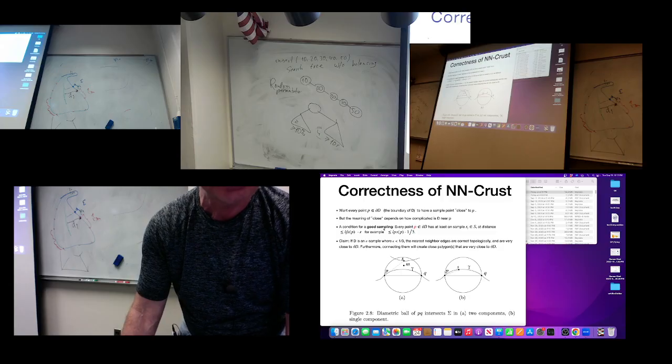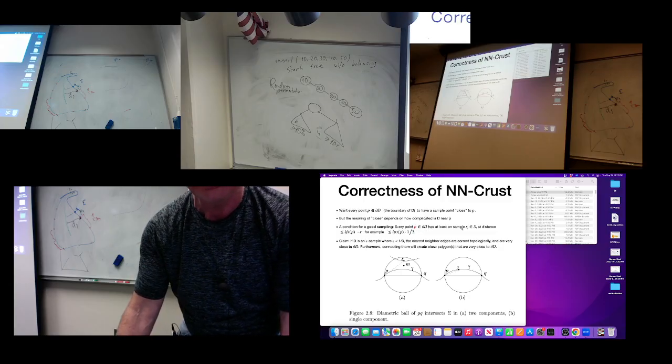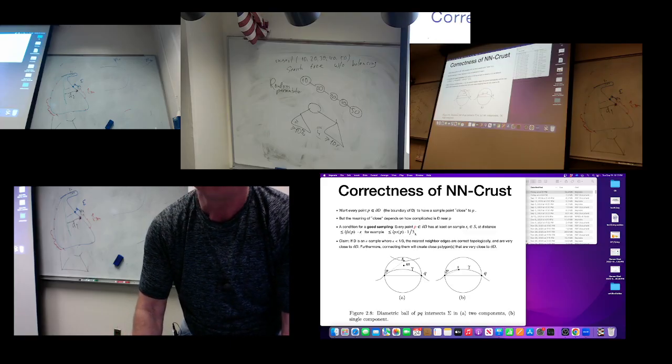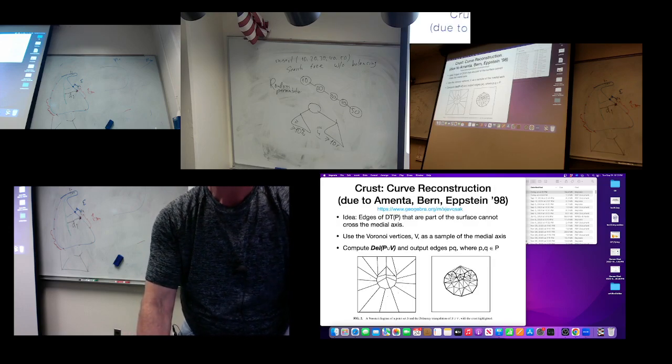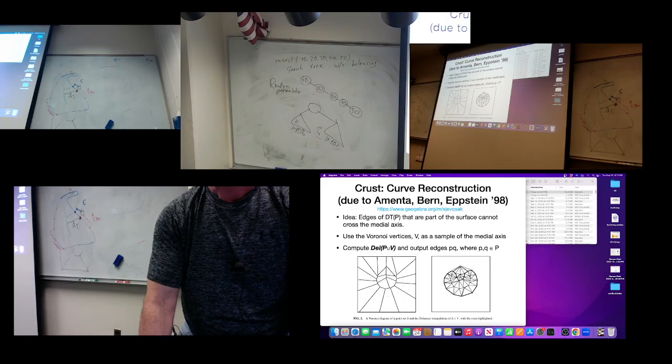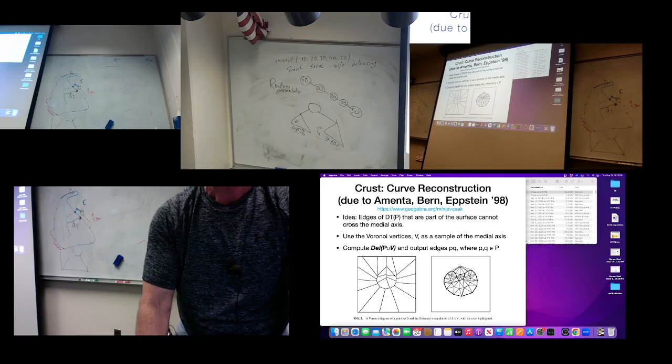We'll say that a shape is well sampled if every point on the boundary has at least one sample point within a distance of the local feature size times epsilon, for example, local feature size times 1/3. Then it's a good sample. And then we get to the Crust algorithm, which I think is the coolest in this course.